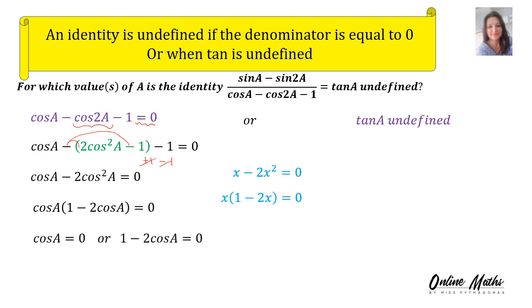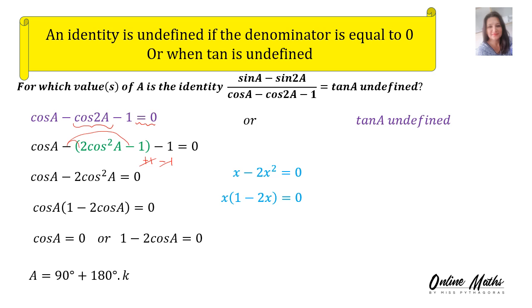And then if you solve that one, it will become cos A is 0, or 1 minus 2 cos A is 0. And then for cos A is 0, that is happening at A is equal to 90 degrees plus 180 times k. That means every interval of 180 degrees, you will find that your identity is undefined.